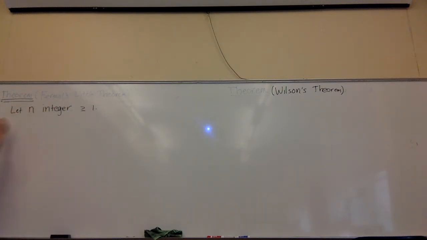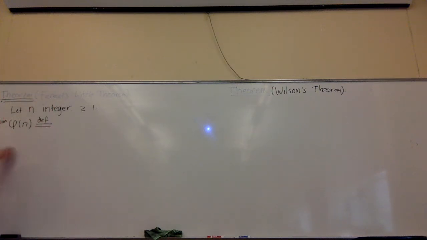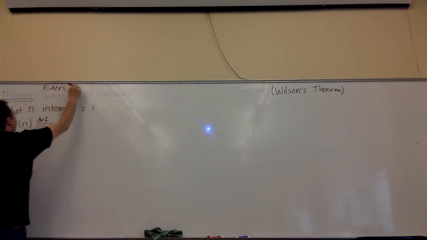And I'm going to define something called the Euler Phi Function, phi of n. I just realized I'm proving a generalization of Fermat's little theorem. Fermat's little theorem is just a special case of the statement I'm about to make when n is prime. In general, it's called Euler's theorem.